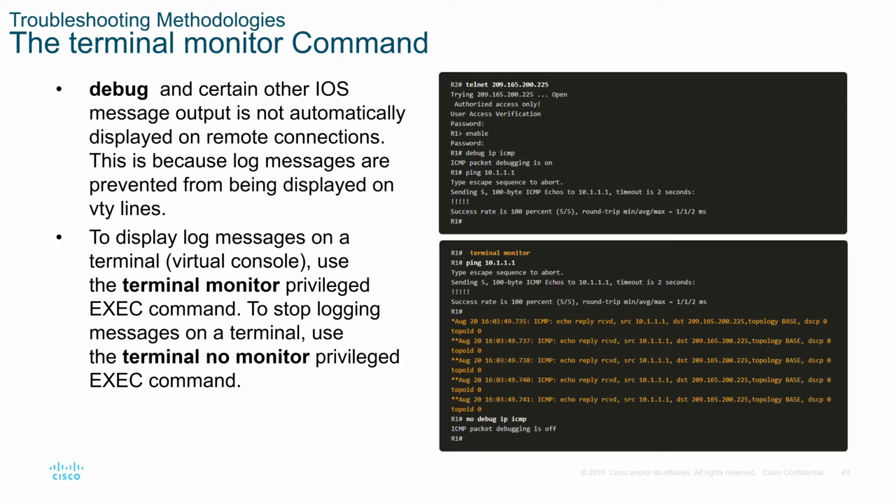To stop logging messages on a terminal, use the terminal no monitor privileged exec command. And as you can see in the diagrams, one shows us the messages received, the other does not.